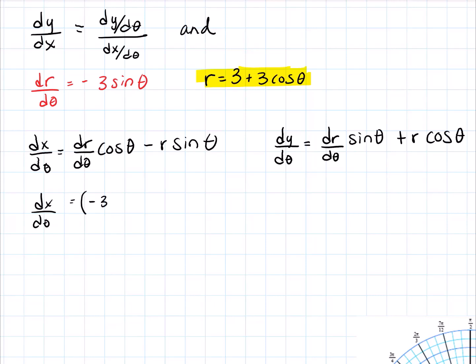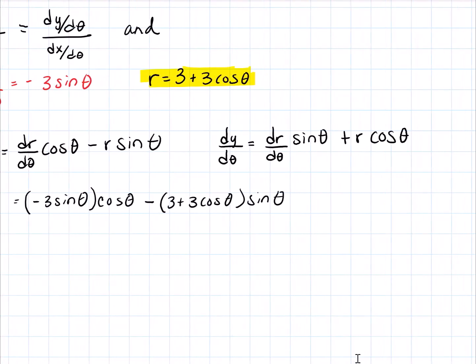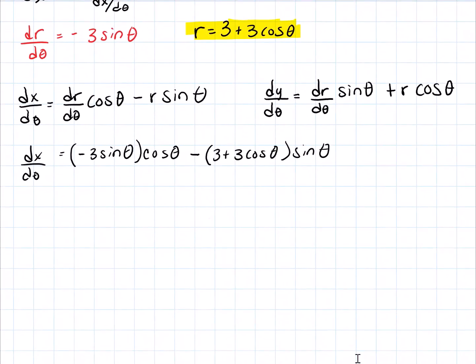negative 3 sine of theta cosine of theta minus 3 plus 3 cosine theta times the sine of theta. And I'm going to go ahead and simplify that all the way down here as much as I can, so that when I go to start plugging stuff in, I don't have a big messy algebraic or trigonometric function to work with.